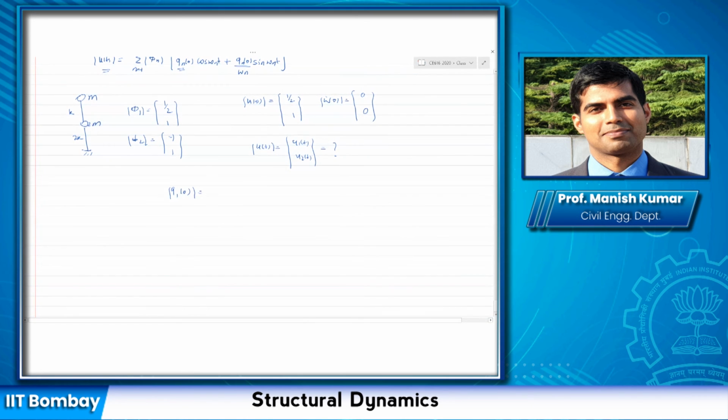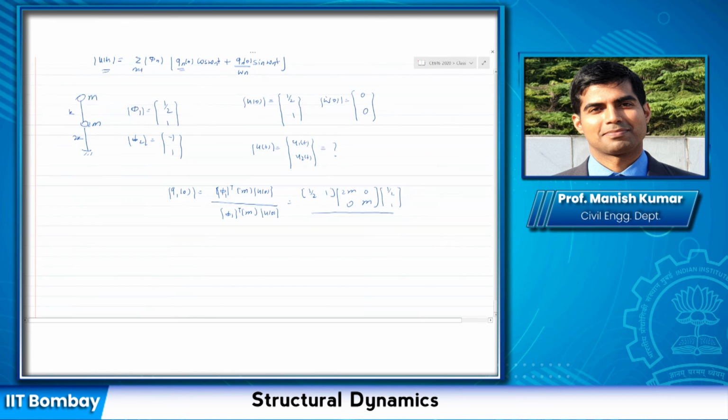This vector would be nothing but mode shape phi 1 transpose times the mass matrix times the initial condition u0, and then again phi 1 transpose times mass times u0. I know this as half, 1, 2m, 0, 0, m, and then this u0 is given as half, 1.